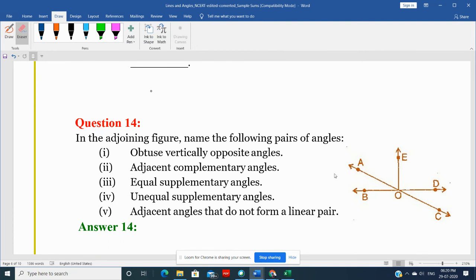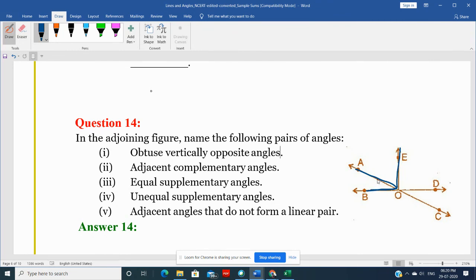Adjacent complementary angle. See, adjacent and complementary angle, so it should be AOB, this one, and AOE, this one, because it's 90.